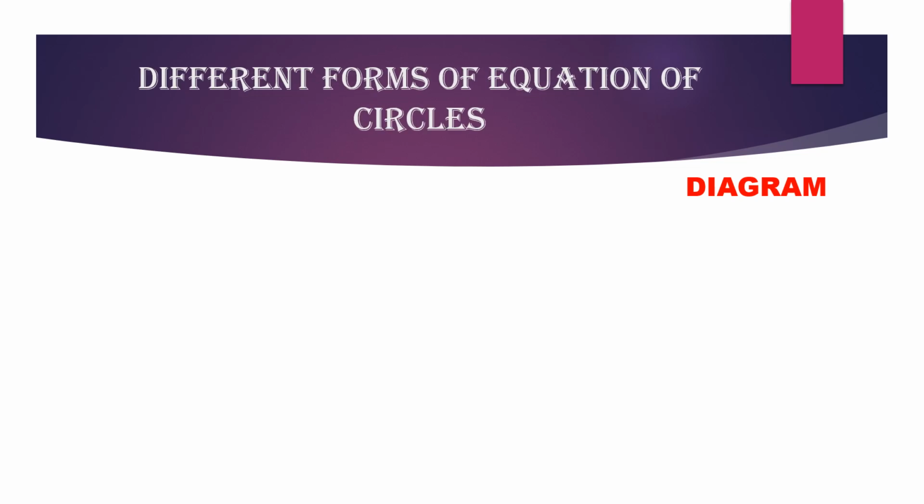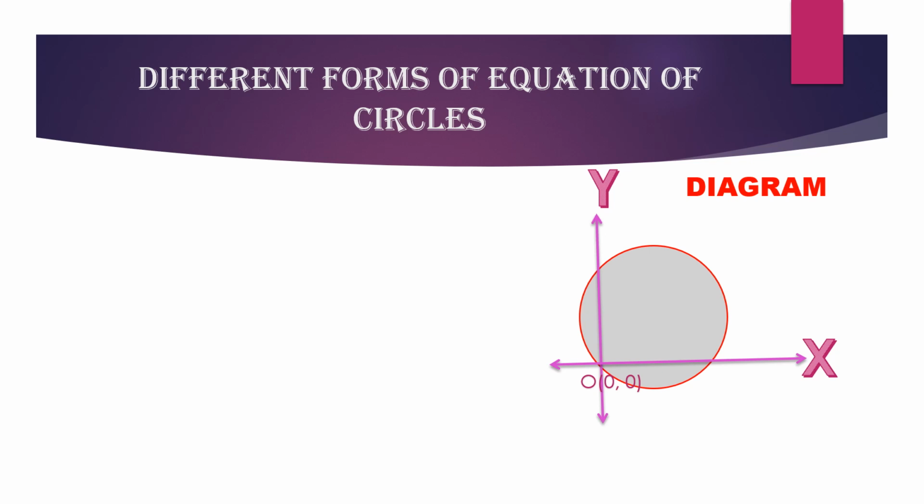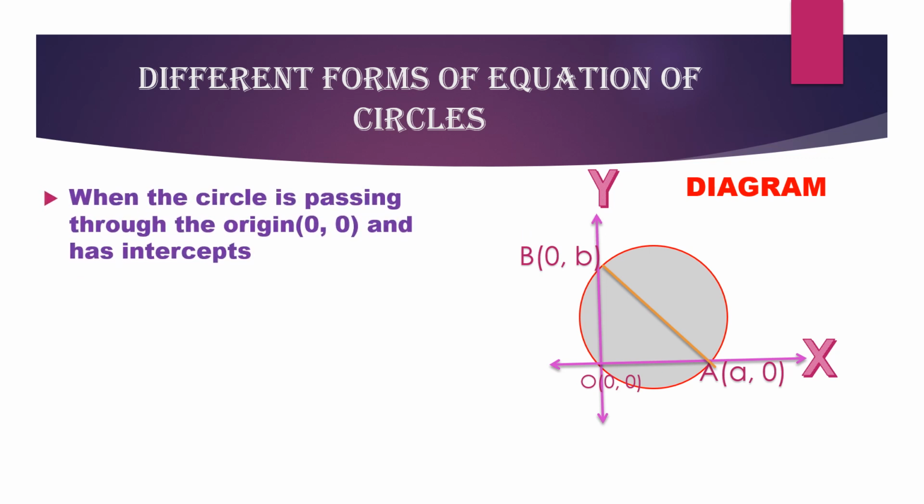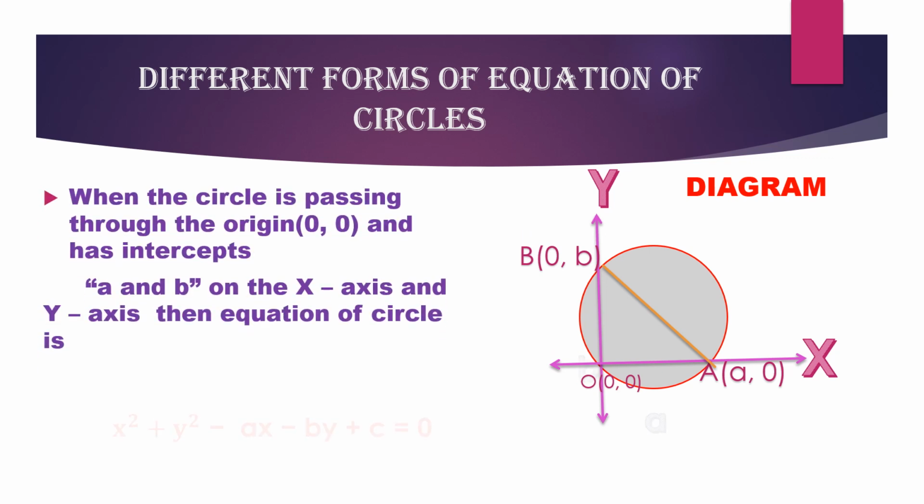Next we go to different forms of the equation of a circle. Here we observe the diagram. The circle passes through the origin and cuts the x-axis at A(a, 0) and the y-axis at B(0, b).